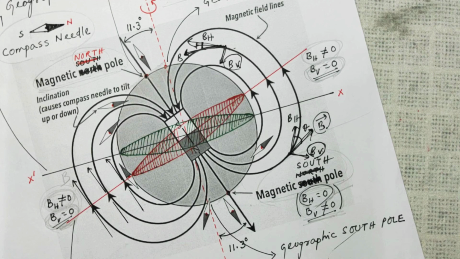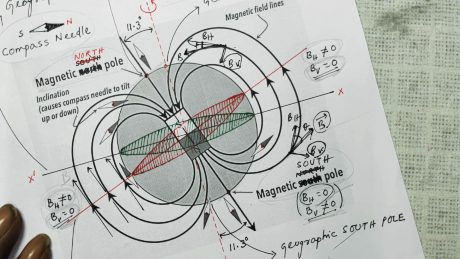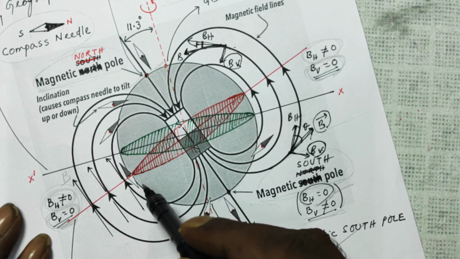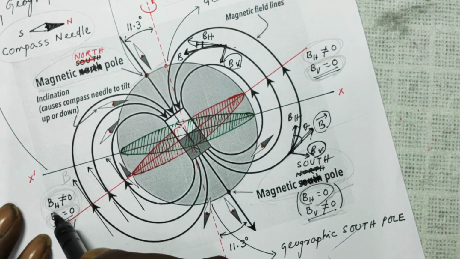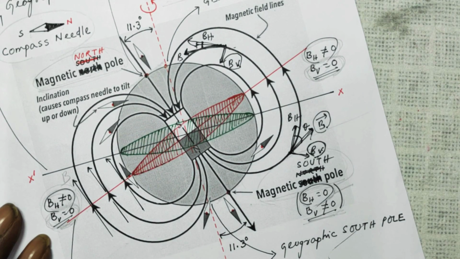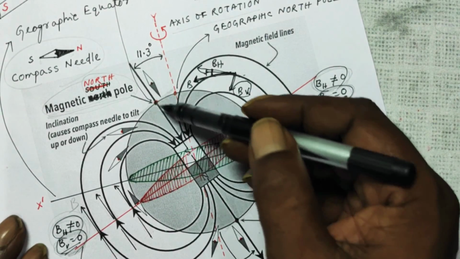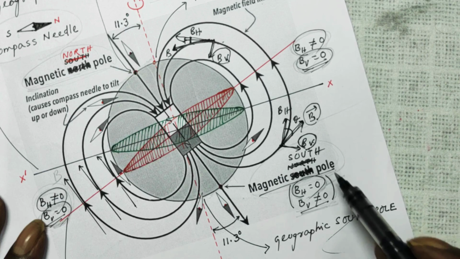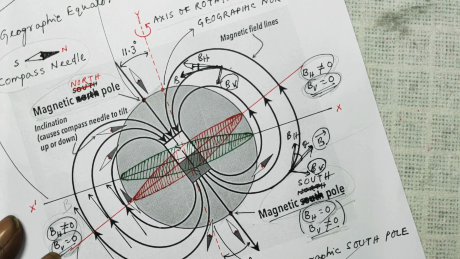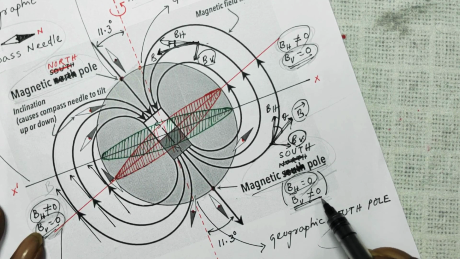What you have to remember, I tell you time and again, at which places the Earth's magnetic field is totally horizontal, that is at all points on the magnetic equator. It is totally horizontal. And at all those points, the vertical component of the Earth's magnetic field is 0. And at the magnetic north pole and the magnetic south pole, the horizontal component is 0 and the field is only vertical.